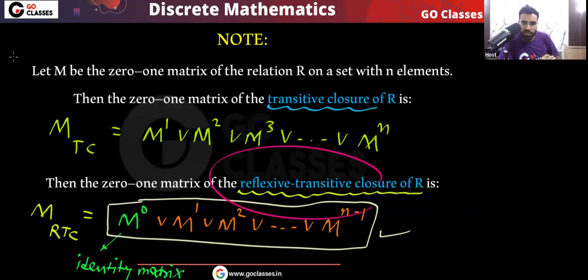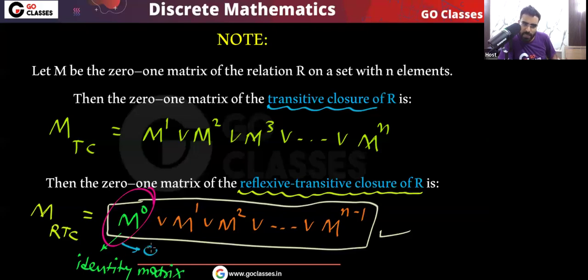But when you are finding reflexive transitive closure, this m power 0 will capture all the self loops. I hope you understood.